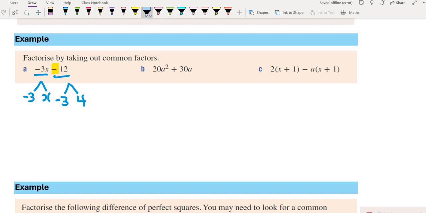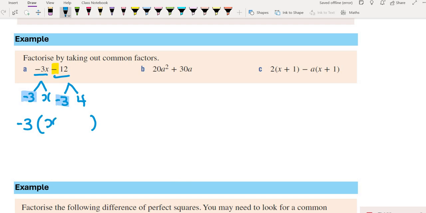Now, if we make the 3 negative, then it will match up nicely with the -3 from the first term. You can see these two are in common. So we take this out, -3, and we put the rest in a bracket.